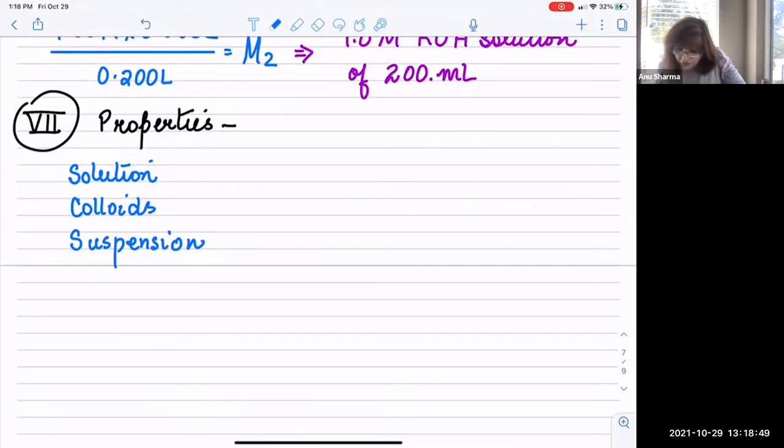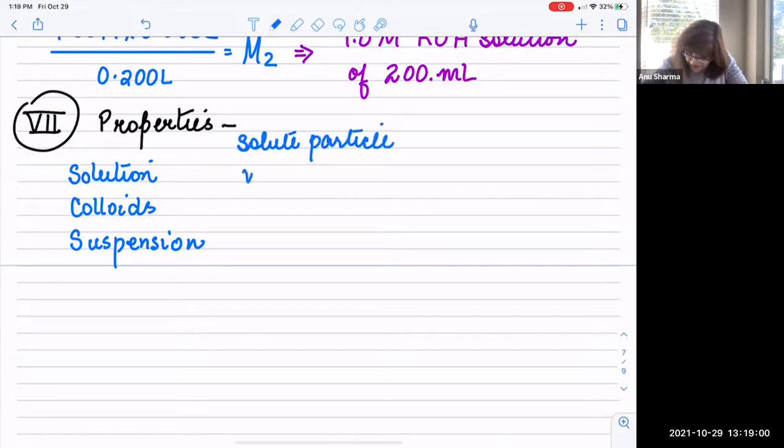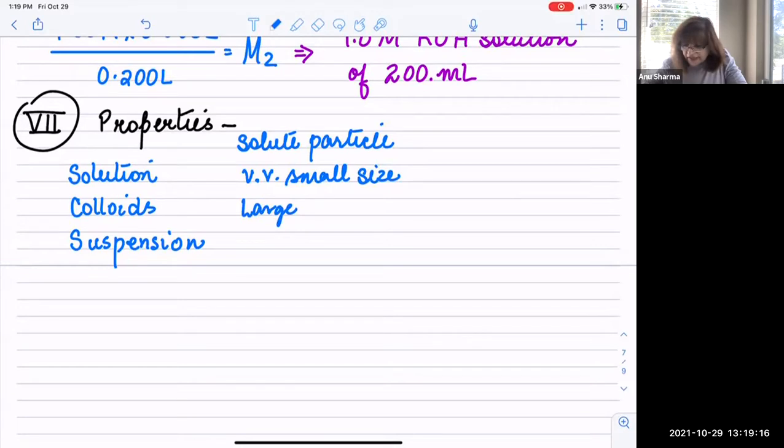In a solution, the solute particles are very, very small, small atoms and ions. Colloids are generally large molecules. And suspensions are very, very large particles.